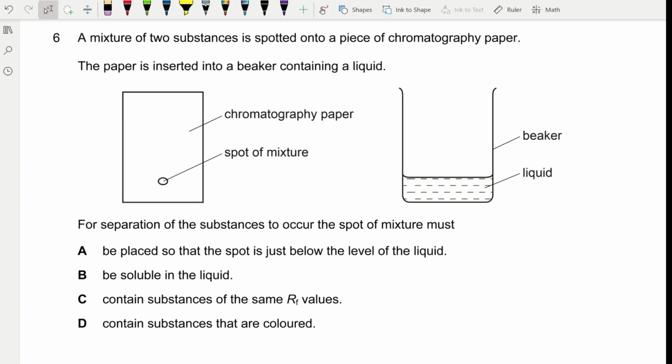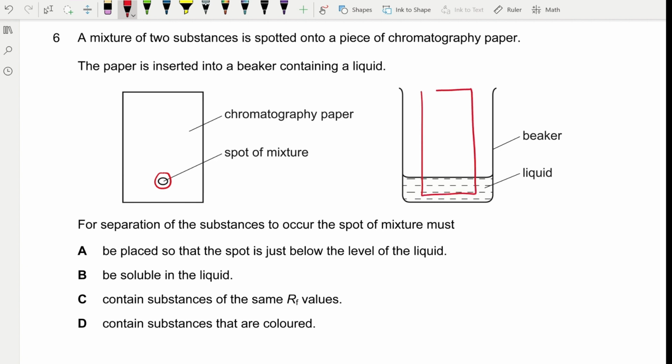Question 6. A mixture of substances is spotted on a piece of chromatography paper. This paper is inserted into a beaker containing a liquid. For separation of the substance to occur, the spot of mixture must be above the solvent.